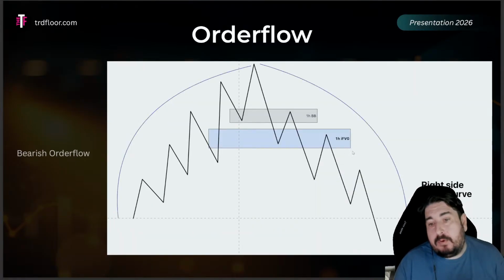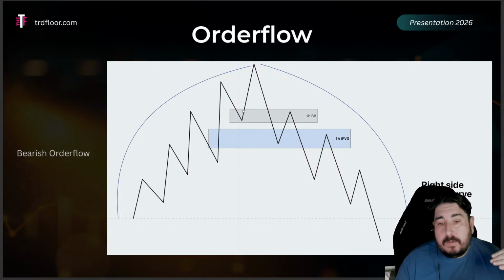And an example of bearish order flow is the exact opposite. I'm not going, of course, to say again what it is doing. Take a moment to look at what I'm describing to you.